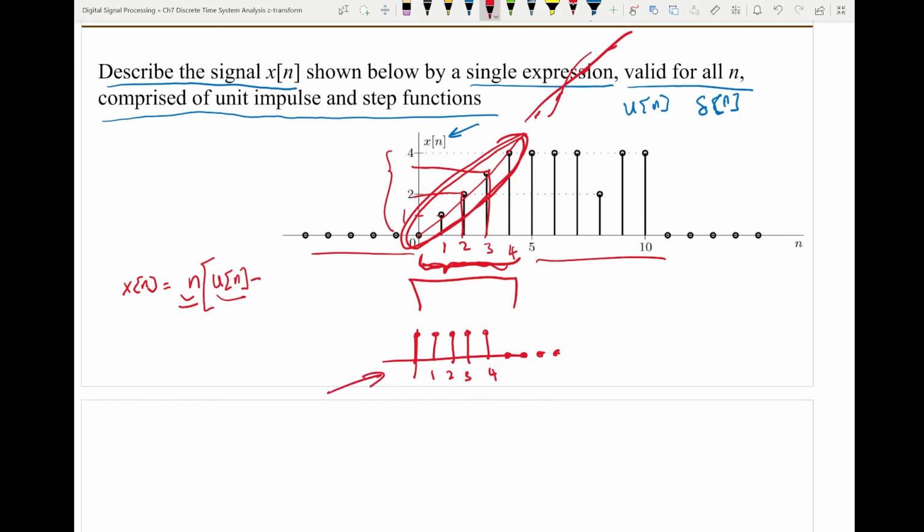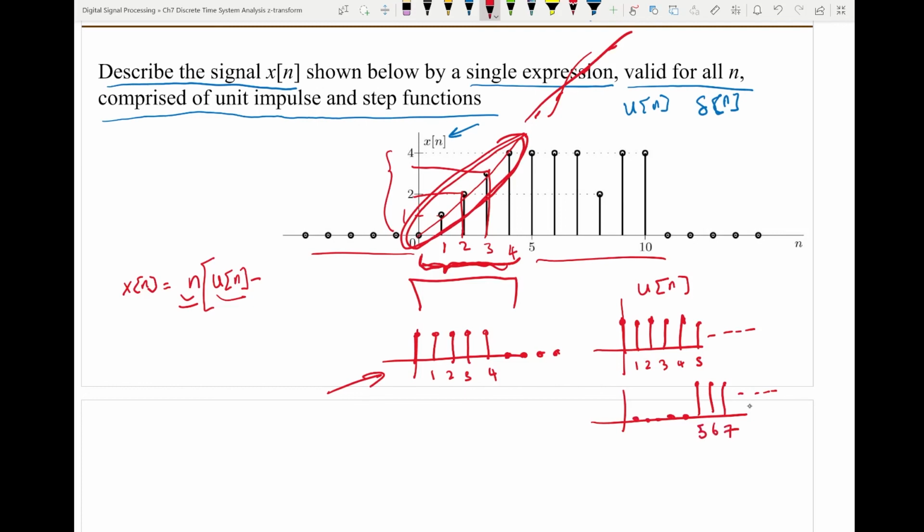To generate this window, I can do it this way. It consists of u of n, and I need to subtract from it another unit step function, but it starts at 5. So this will be a unit step function delayed 5 units.